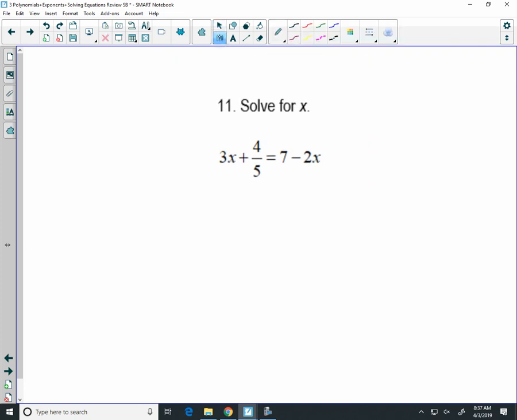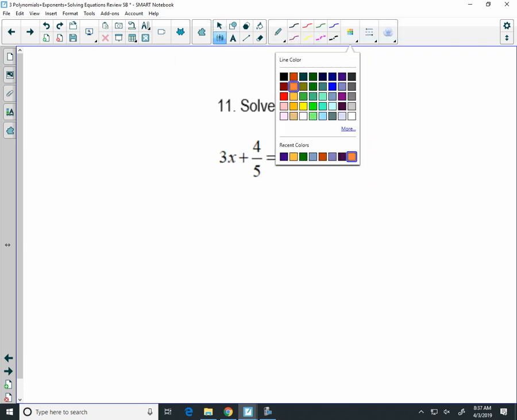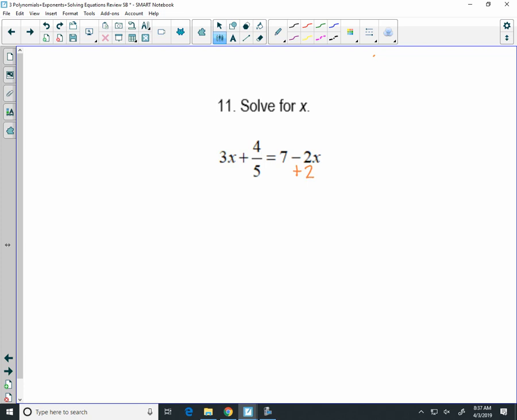I would move my x's first. So the x that I'm going to move is 2x, so my x's are positive. This is going to feel very like the last problem. We just have 4/5 with this one instead of 5/4. Subtract that 4/5 over.